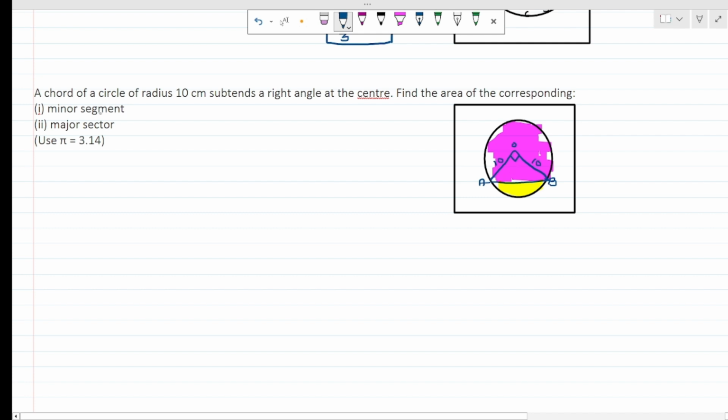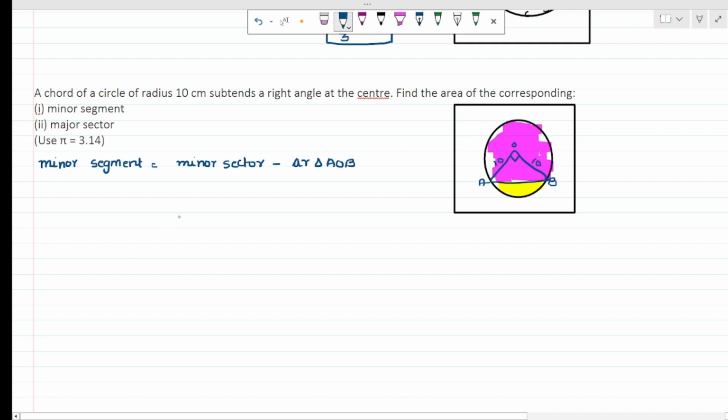Okay. So, minor segment's formula. As we have studied earlier, minor segment is equal to area of minor sector minus area of triangle AOB.